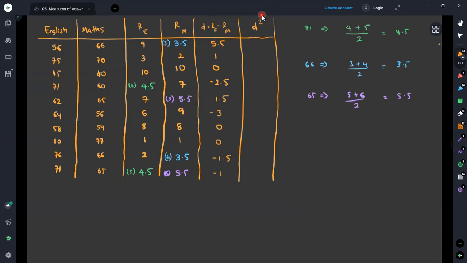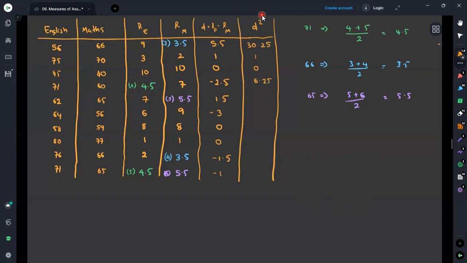Then as the first thing, it is 5.5 squared. Here we can see the value is 30.25. Here we are getting the value as 1, then 0, minus 2.5 squared, we can get it as plus 6.25.